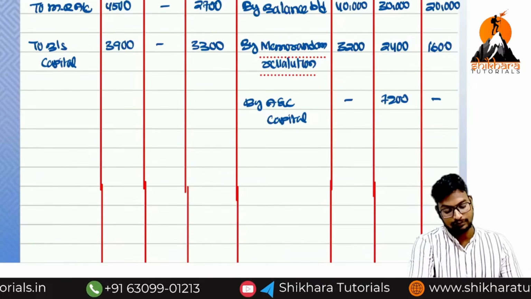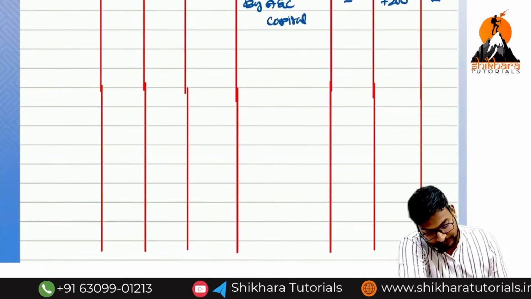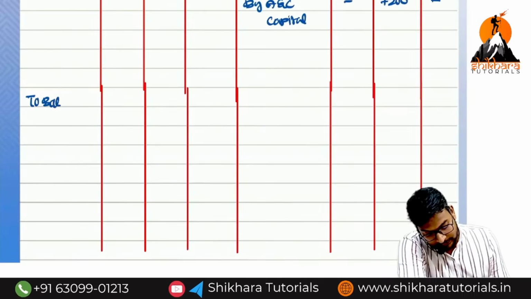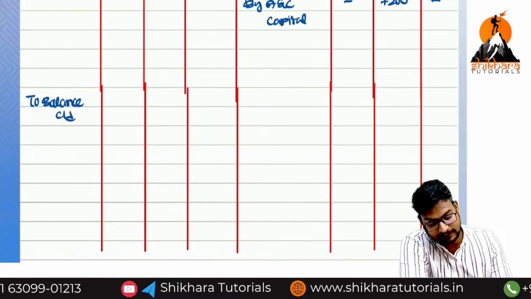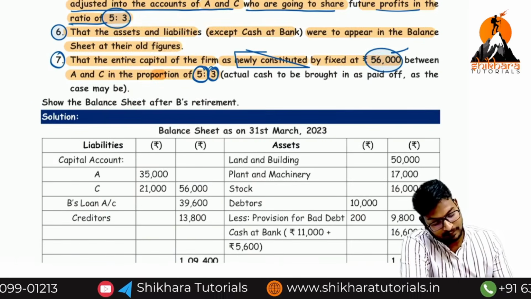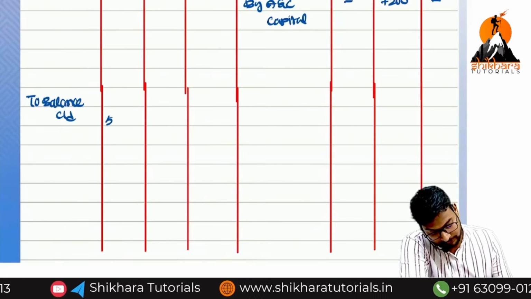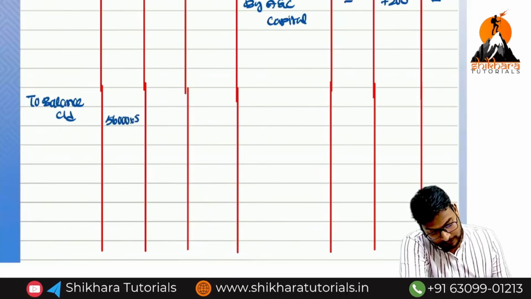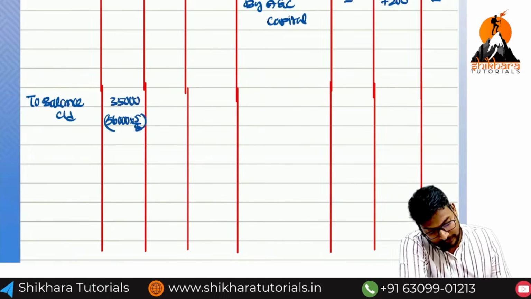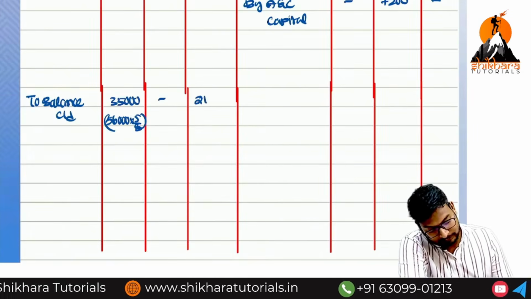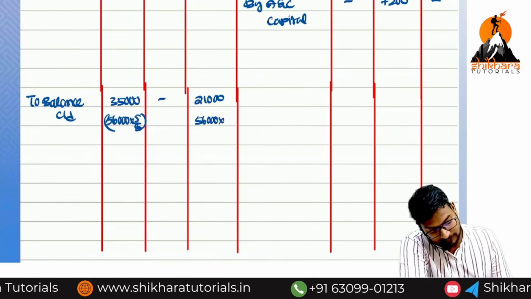So now we need to go to the by balance carried down, Amma. Can you say the calculation? 56,000 into 5 by 8 is 35,000. Here how much, Amma? 56,000 into 3 by 8.